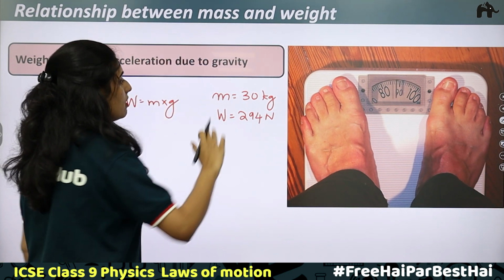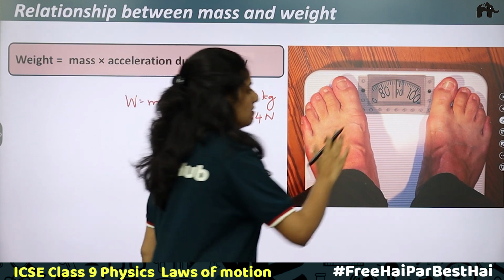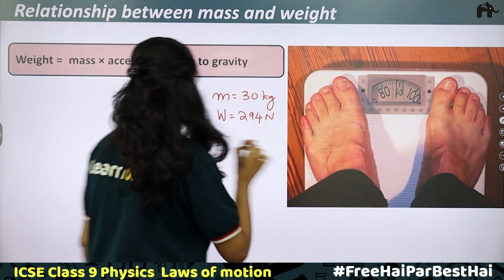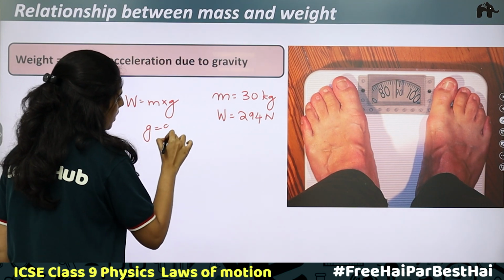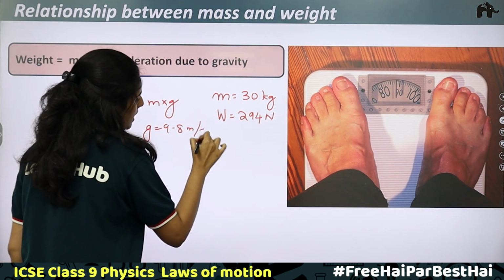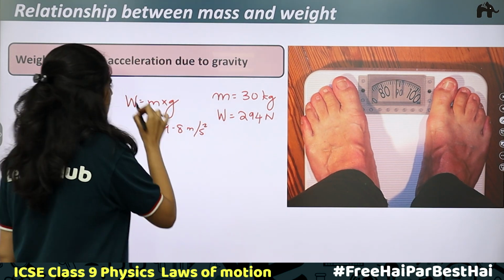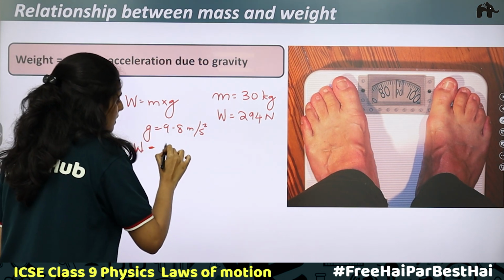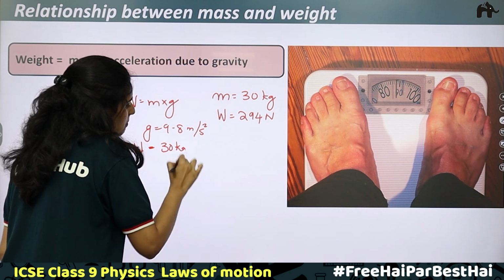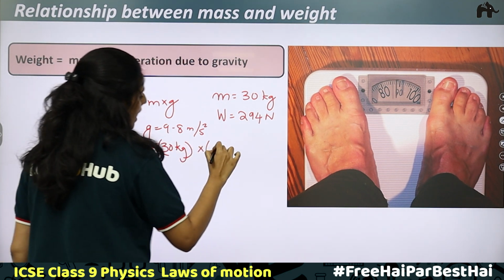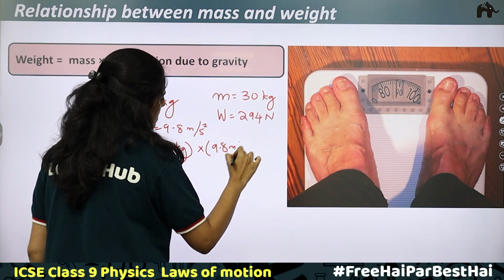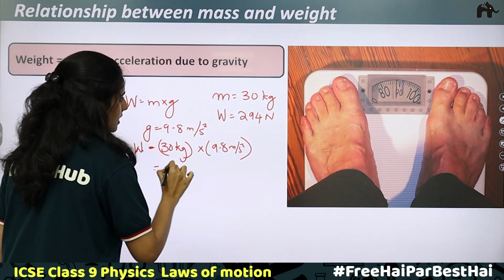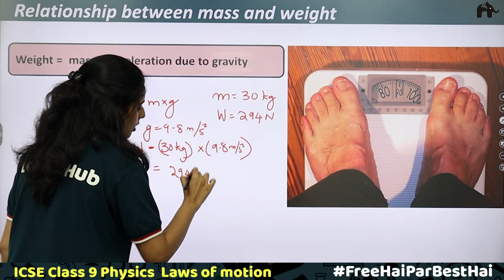We know that on the surface of Earth, g will be equal to 9.8 meter per second square. So in this example, the weight is 30 kilogram mass into 9.8 meter per second square acceleration due to gravity, and we get the 294 Newton value.